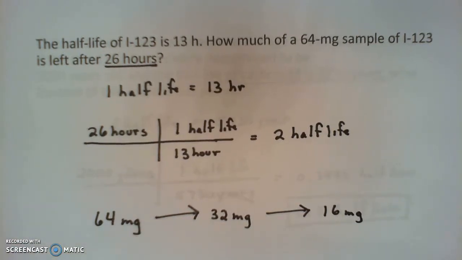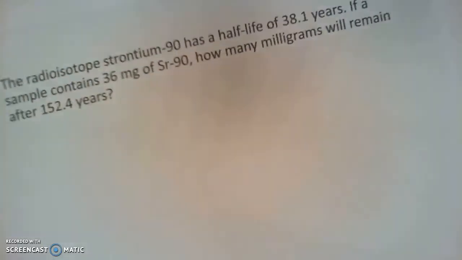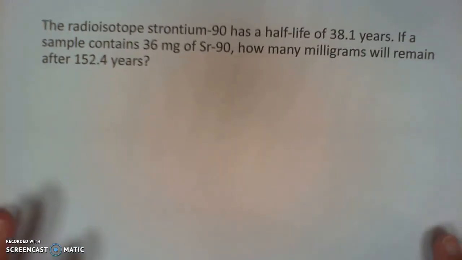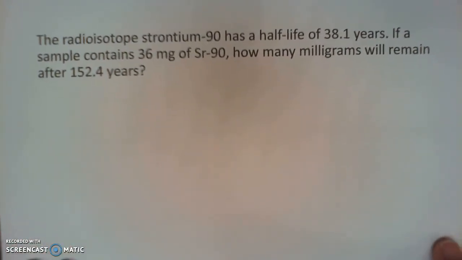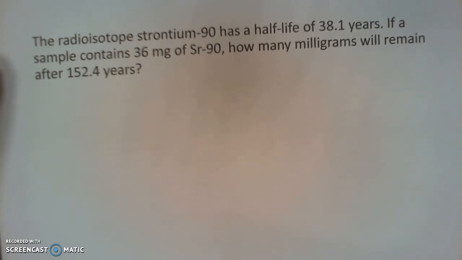Okay, the third one I want to do, and I'll put the paper so we don't get so much. The radioisotope strontium-90 has a half-life of 38.1 years. If the sample contains 36 milligrams of strontium-90, how many milligrams will remain after 152.4 years?